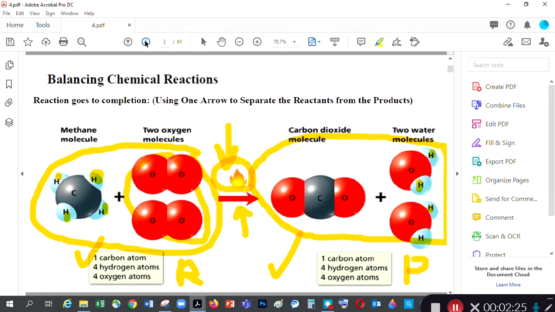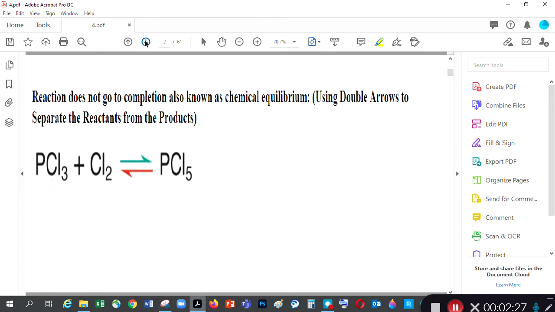Some reactions don't go to completion, and we have a double arrow. This is called chemical equilibrium. After the reaction is done, the product is present and the reactants are present at the same time, with different amounts.